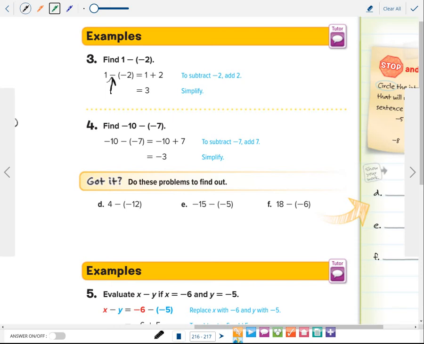I think when some of you, and maybe your parents or siblings, saw the kind of math that we're doing right now, it's like, are you really doing 1 plus 2 in 7th grade pre-algebra? Yes, we are, because integers are not easy.